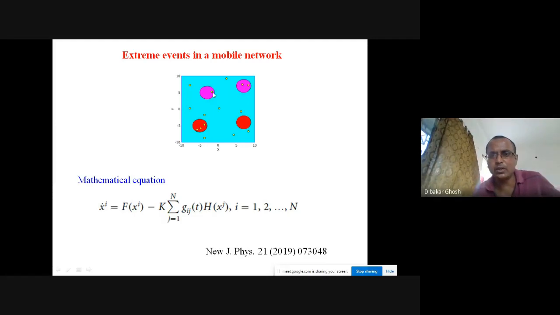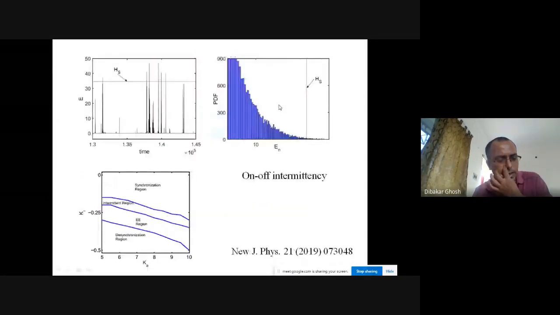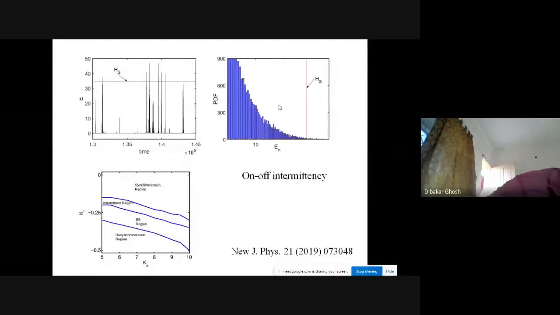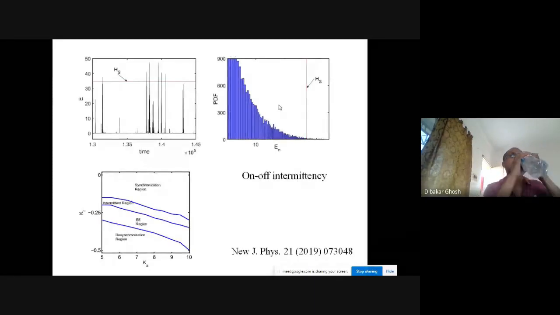This color, pink or magenta, shows that the events that come into this region are repulsive. That is, we consider two types of coupling, attractive and repulsive, in the same time-varying network. This is a network, so there is a large number of oscillators here.